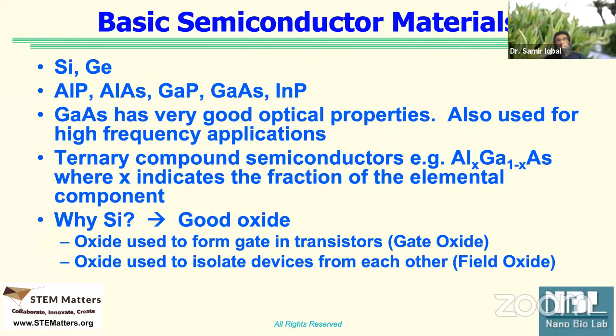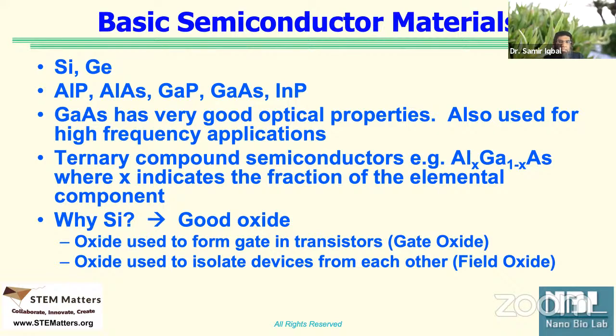Now, when we use compound semiconductors within one group, like group 3, we can have relative amounts different. Like here it is written aluminum gallium arsenide, but there is a subscript with aluminum, small x, and there is 1 minus x written with gallium.